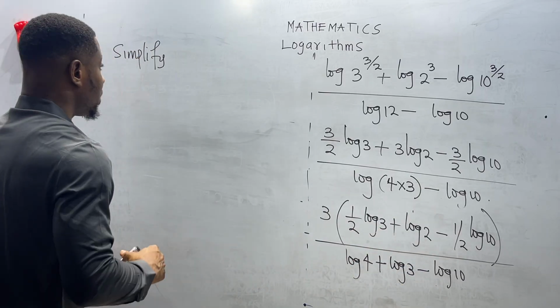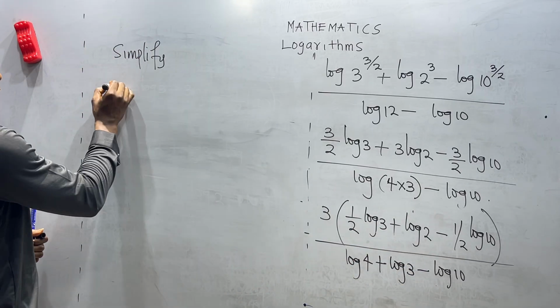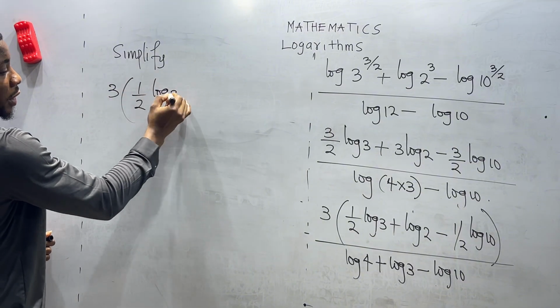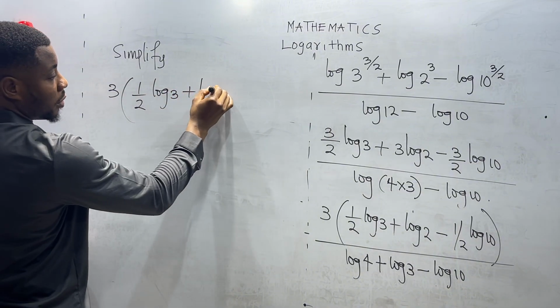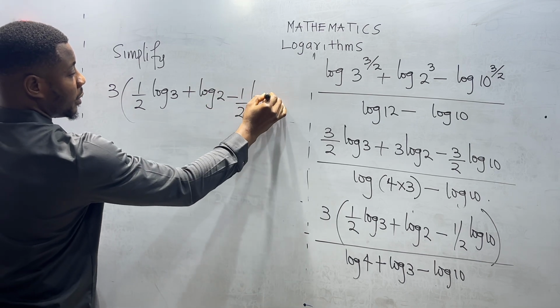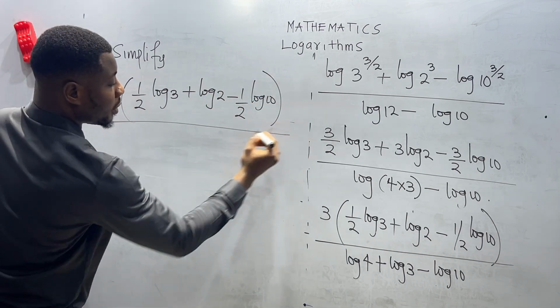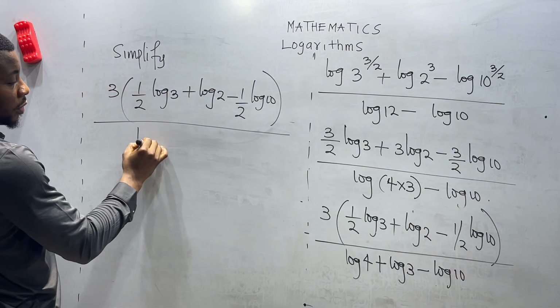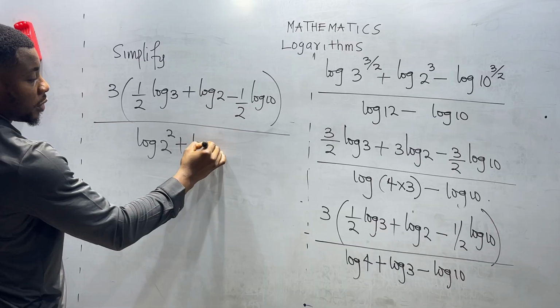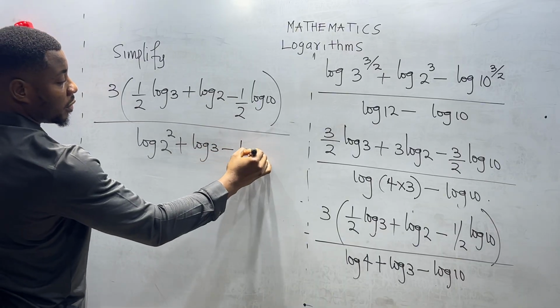I can still go further to say this: we have 3 into 1 over 2 log 3 plus log 2 minus 1 over 2 log 10, divided by, the same thing as saying log 2 to the power of 2 plus log 3 minus log 10.